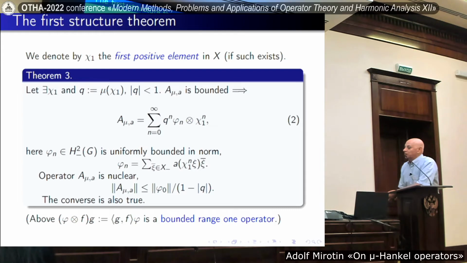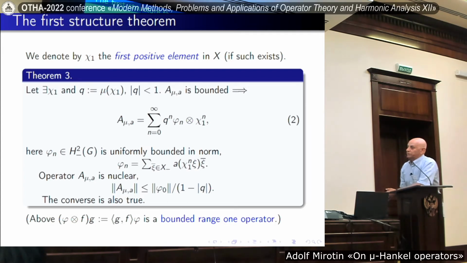Here, the nth element of the series in the right-hand side is a rank 1 operator. The tensor product here denotes the rank 1 operator from H2 of the group G, and this operator acts to the one-dimensional subspace of H2 minus generated by the fixed function phi n, whose expansion in the Fourier series is given in the next formula.